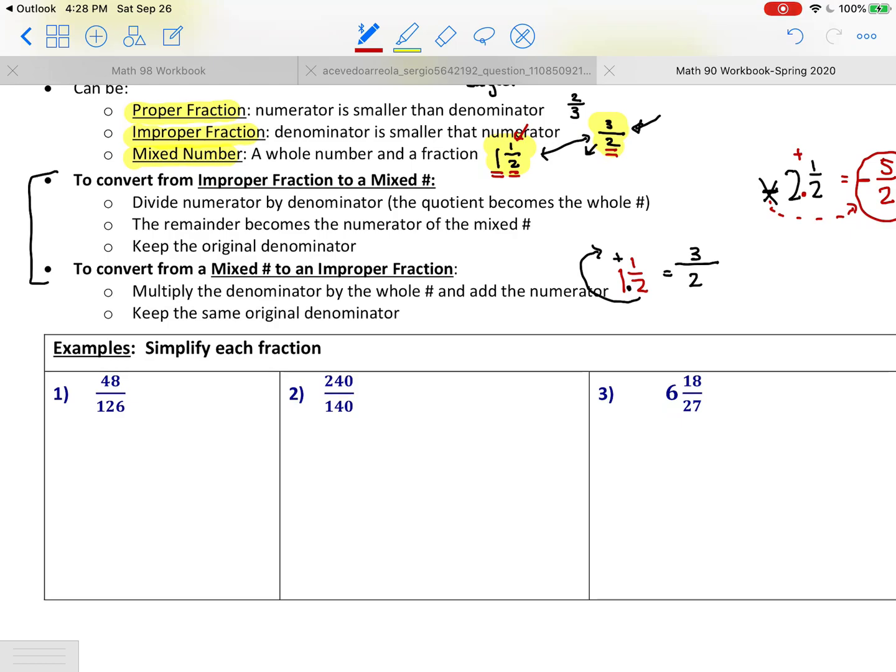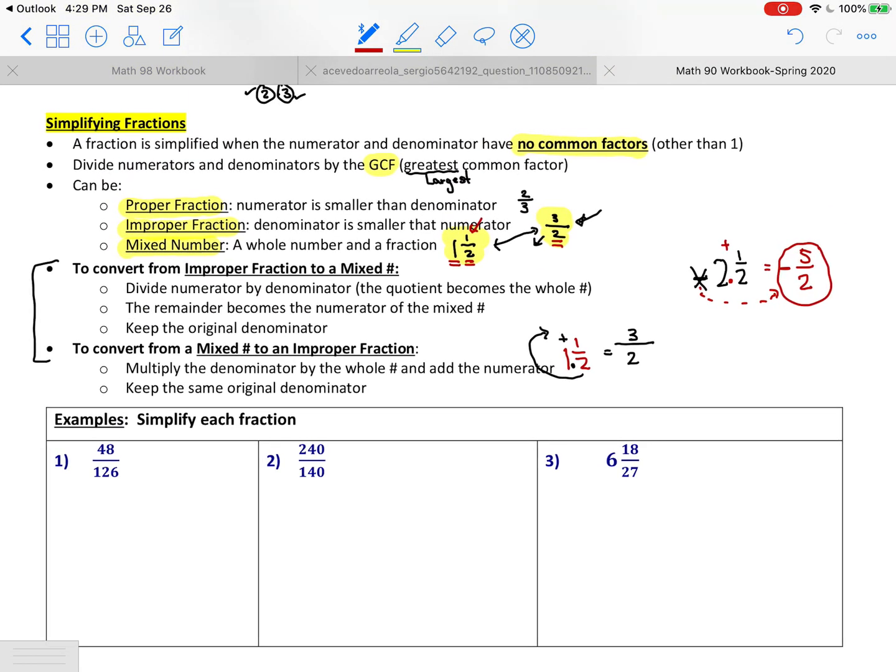All right, so let's take a look at simplifying some of these fractions. So in example number 1, it asks us to simplify 48 over 126. Now, if we kind of remind ourselves how we do that, we're looking for the greatest common factor. Now, sometimes we don't always know the greatest common factor, right?